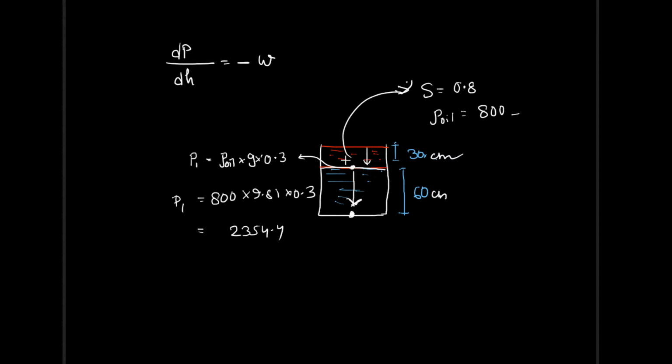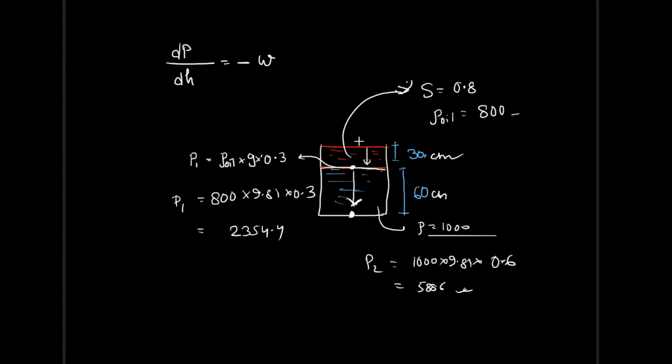Then water has a rho of 1000, and let us calculate P2. It will be rho g h, where rho is 1000, g is 9.81 and h is 60 cm, meaning 0.6 meter, so 1000 into 9.81 into 0.6, and this will be 5886.